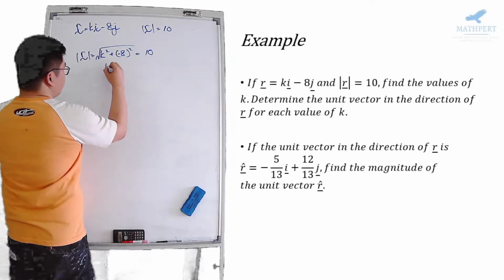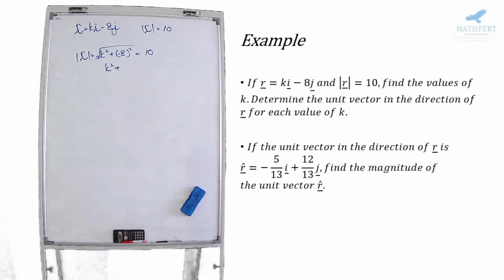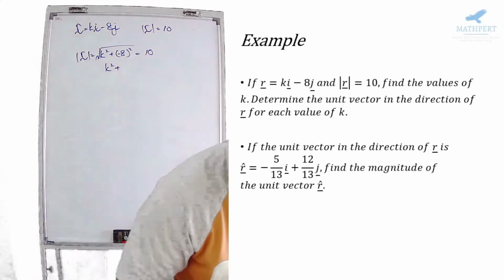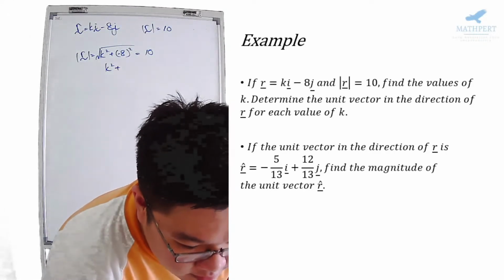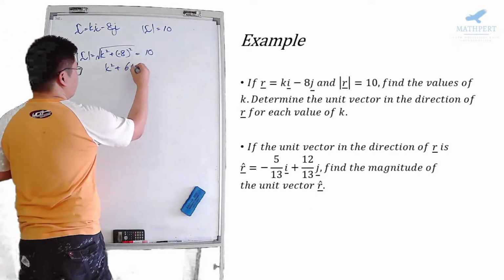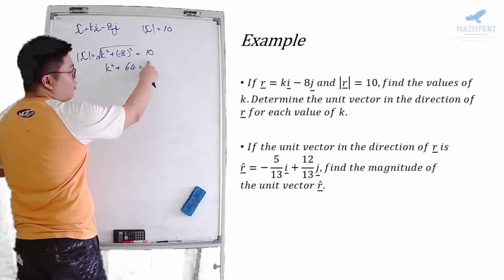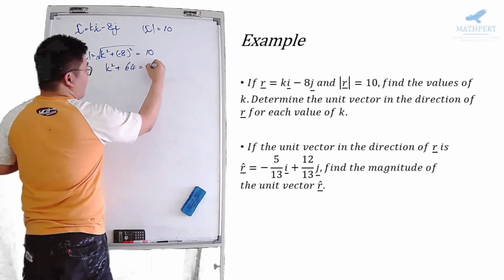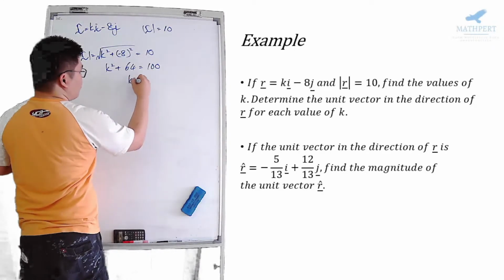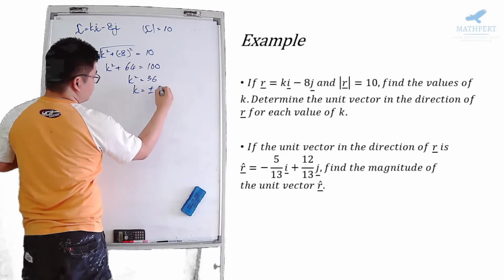So this will be k squared plus 64, since 8 squared is 64. To remove the square root, we square the whole thing, and over here 10 squared will be 100. So k squared will be equal to 36. k will be equal to plus minus 6.